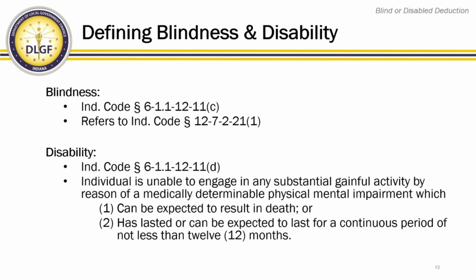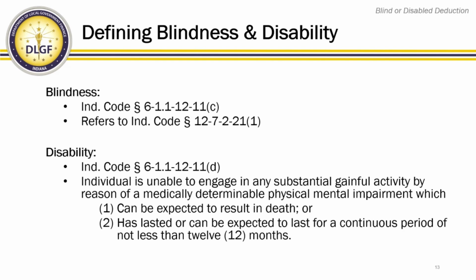And we're certainly not experts, I don't claim to be, at least in optometry. But blindness is generally defined under that statute as having vision with correcting lenses of 20/200 or less, or having a disqualifying visual field defect determined from an eye exam.